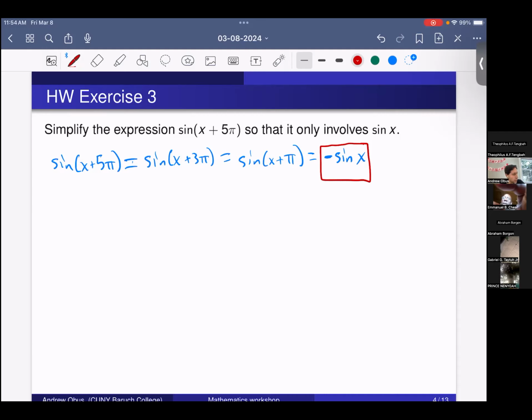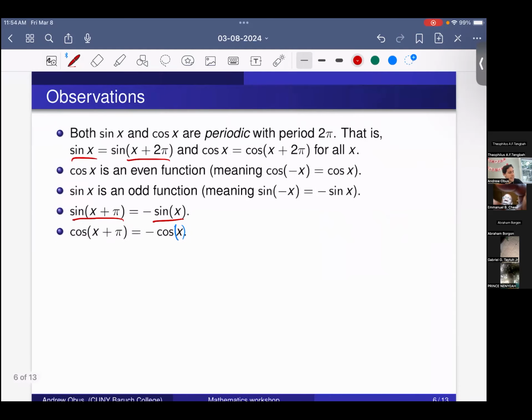Good question. What's going on here is that we subtracted 2 pi, and then here we subtracted another 2 pi. The reason we can do this is the identity that we talked about last time: sine of x repeats itself every 2 pi along the x-axis. So sine of x is the same as sine of x plus 2 pi, and this works for any x.